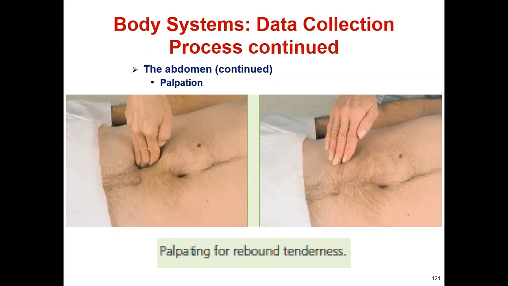So you see in the picture, the examiner checks for rebound tenderness. Usually a doctor or a nurse applies pressure to an area of the abdomen using their hands like this.